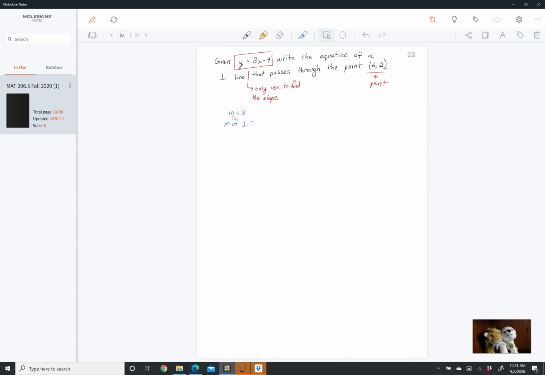And the slope of the perpendicular line is the negative reciprocal. So this was 3, right? So when we flip the fraction, it becomes 1 over 3. And this was positive, so our new slope is negative. Okay, so now we have the slope and the point. So we're going to use point-slope form.